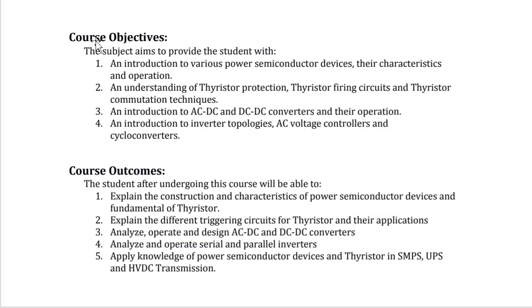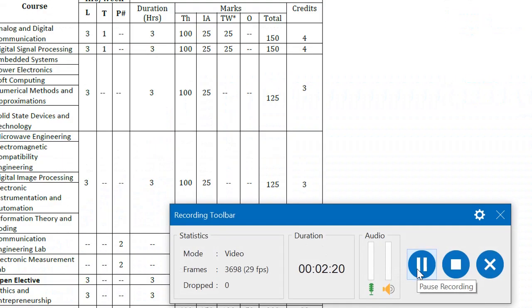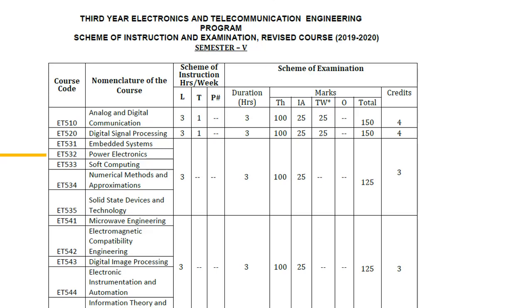The power electronics code is 532. As mentioned, 100 marks for the end semester exam and 25 marks for internal assessment. So your total weightage is 125 marks. You're given 3 credits.